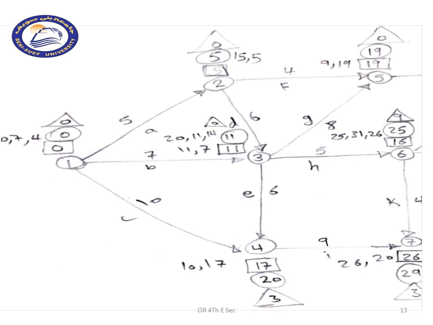Going back to node number 1, we will compare 5 minus 5 and 11 minus 7 and 20 minus 10. So the lowest amount will be 0.